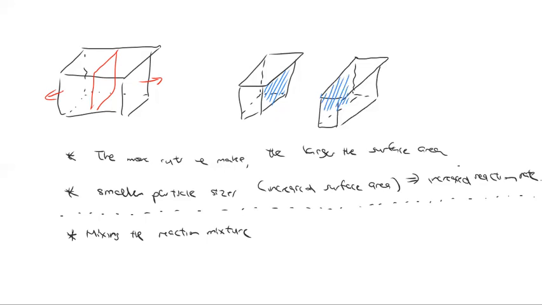If we mix the reaction mixture, we ensure it doesn't sediment, and if it doesn't sediment, then again we are increasing the surface area. So all of those things help to increase the rate of reaction, essentially by increasing the surface area.